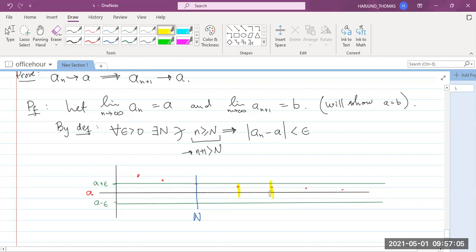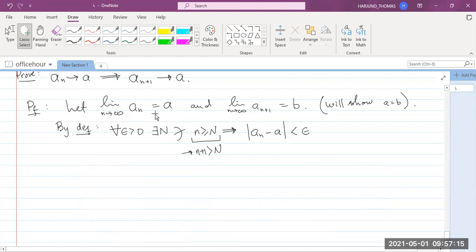Yeah, I remember this from your lecture video. Now then, so we know that if it already passed that capital N, then the next term must also be in that strip.